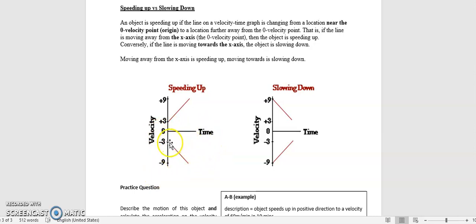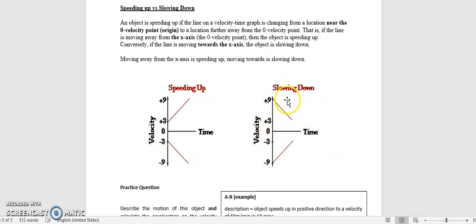Say you were traveling to the left at 3 meters per second, and then you continue traveling to the left, but you sped up to a velocity of 9 meters per second. So anytime on a velocity time graph that you're moving away from the x-axis, that means you're speeding up. This would be speeding up in the positive direction. This would be speeding up in the negative direction.